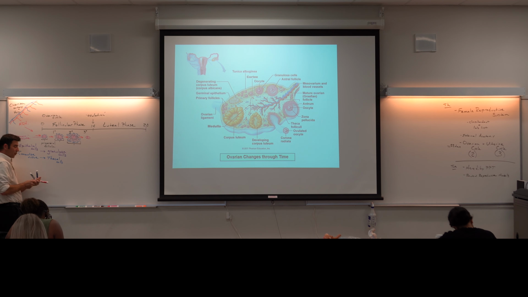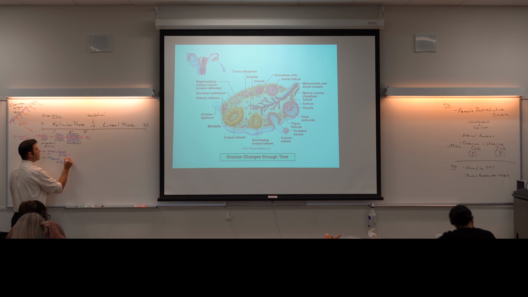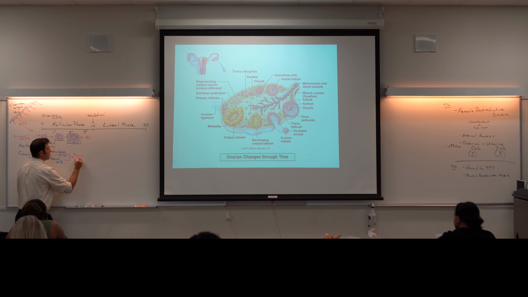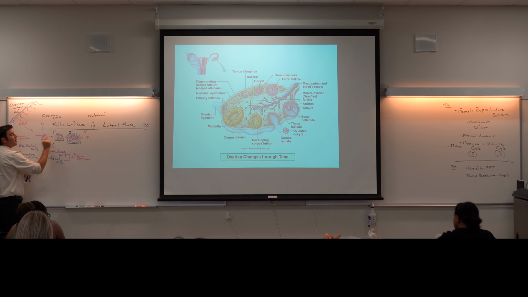Thecal cells and granulosal cells both produce estrogen. So that means at first, at the very beginning part of this follicular phase, there is very low levels of estrogen.